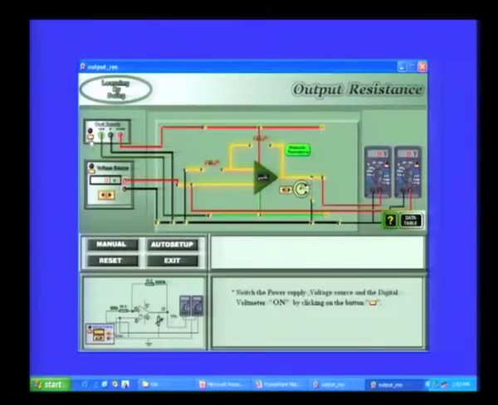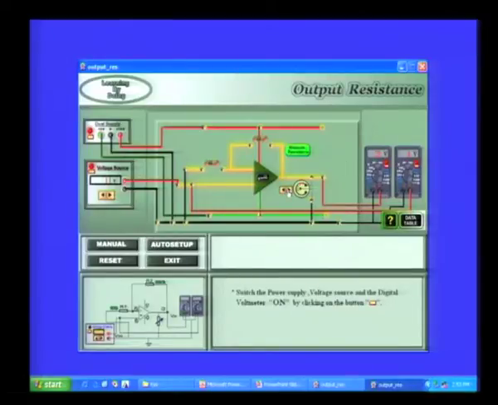Now, let me switch on the dual power supply, the voltage source, and the multimeters, and now I will apply about 1 volt. I have applied 1 volt from the voltage source at the input, and you see the output is around 1 volt. Now, I am going to vary this variable potentiometer slowly, and you see what happens to the output voltage, which is measured here.